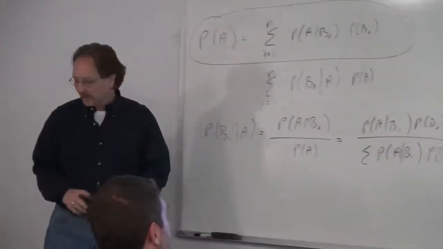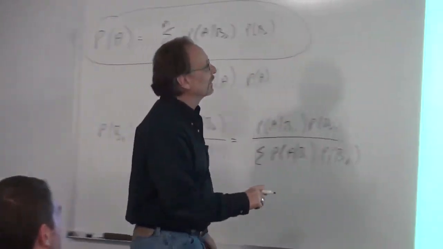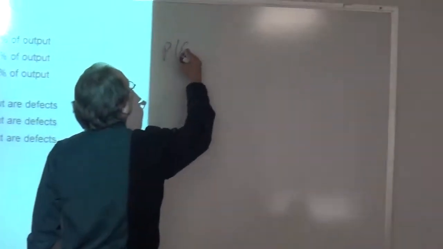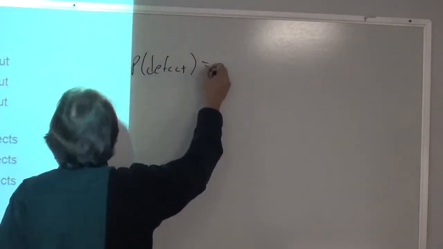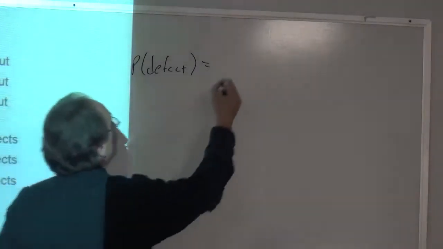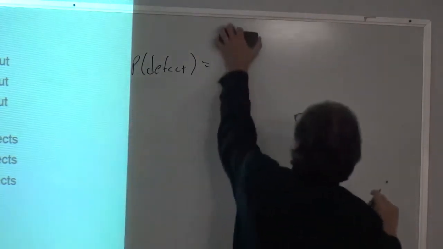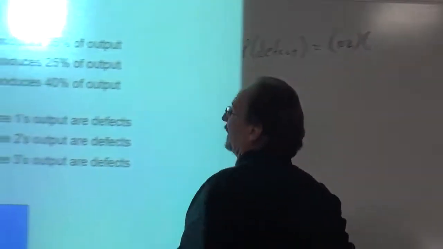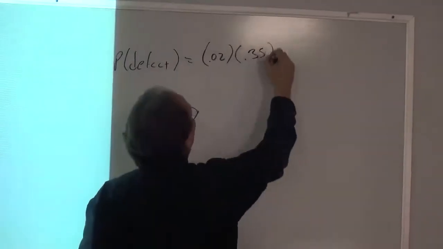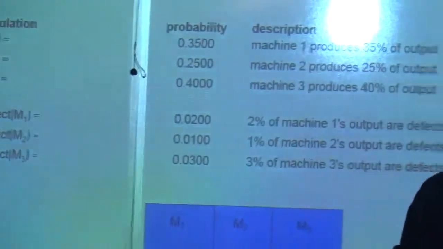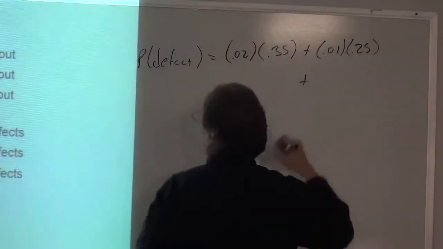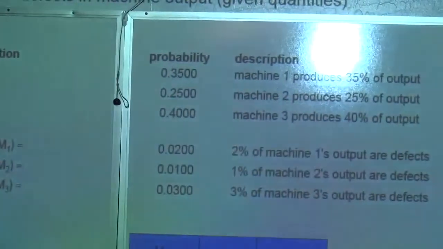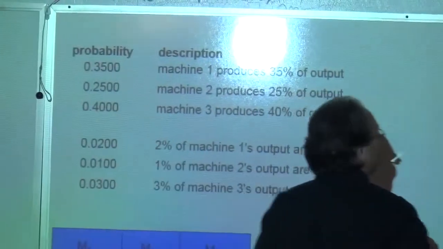Okay. And what you can end up doing is that will equal the probability of defect equals, first of all, the defect given machine 1, which is 0.02, times the probability of being on machine 1, which is 0.35, plus the probability of a defect given machine 2, which is 0.01, times the probability of coming from machine 2, which is 0.25, plus the probability of a defect given machine 3, which is 0.03, times the probability of coming from machine 3, which is 0.4.